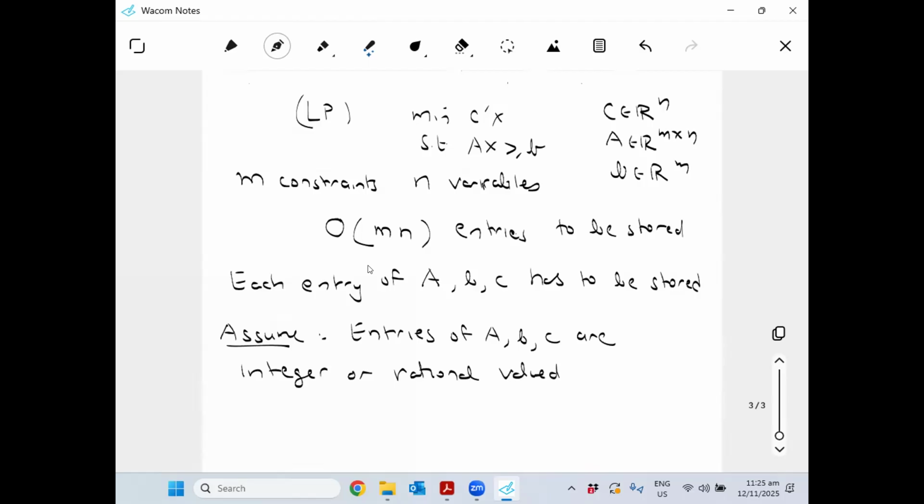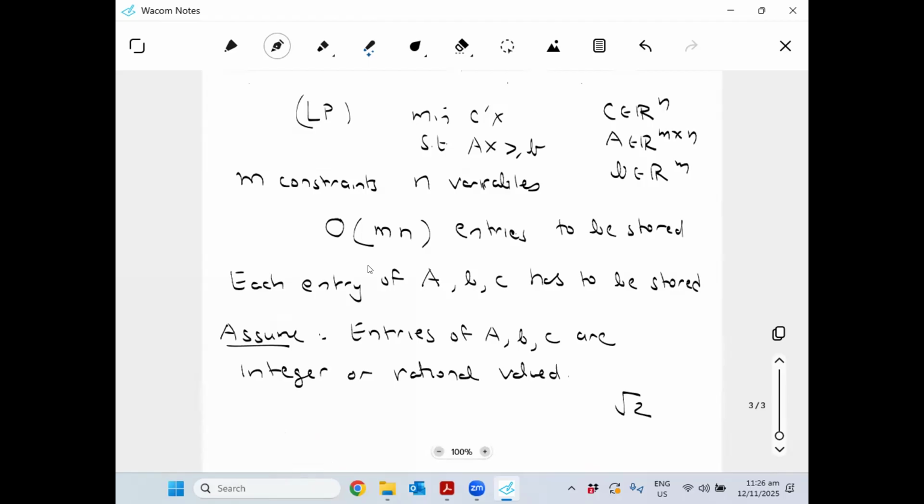Why is this? To do analysis. Because if I tell you to work with an input to an LP, let's say it's square root 2 times something, you have to ask how you store square root of 2 in the computer. That's an irrational number. To store it, you need an infinite number of bits. Then you have to talk about how errors in the numbers propagate and so on.